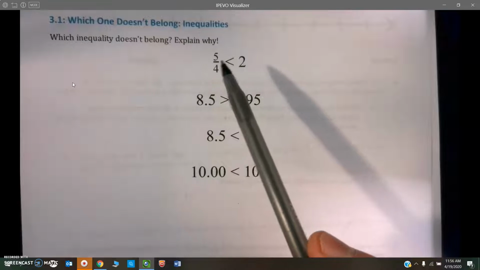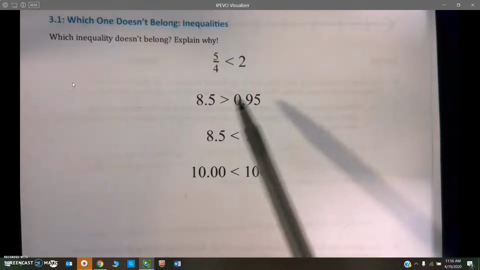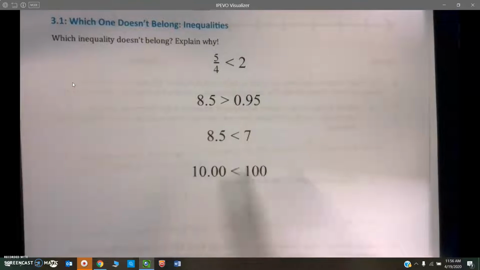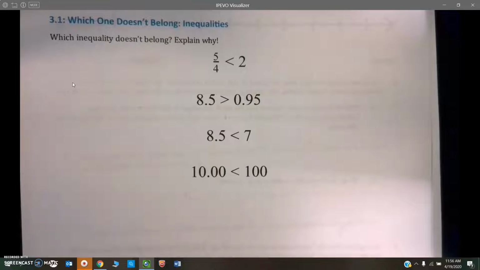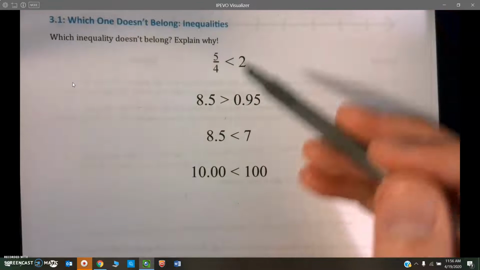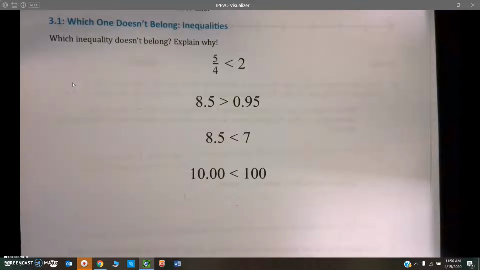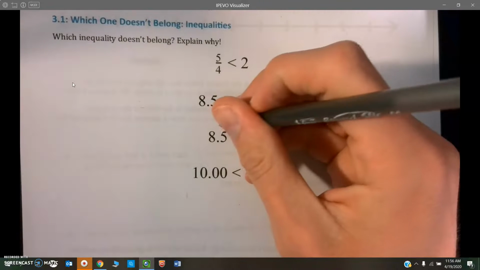This is the only one with 2 decimals. This is the only one that has 2 whole numbers, 10 and 100. So you could really make an argument for any of these. The idea here is just you looking closely at the numbers and thinking about what they represent. But the one I'm going to choose to focus on is this one.